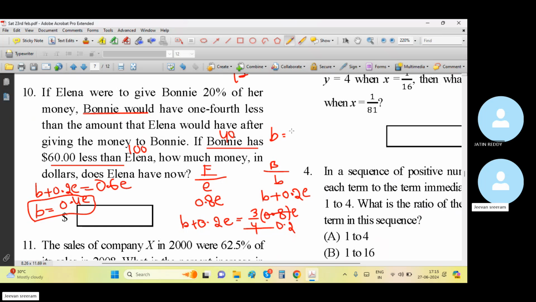Okay, B is equal to 60. Sorry, it's not percentage. $60 lesser. Don't get confused. So Bonnie has $60 lesser than E: E minus 60. Correct, buddy? Yes, sir.